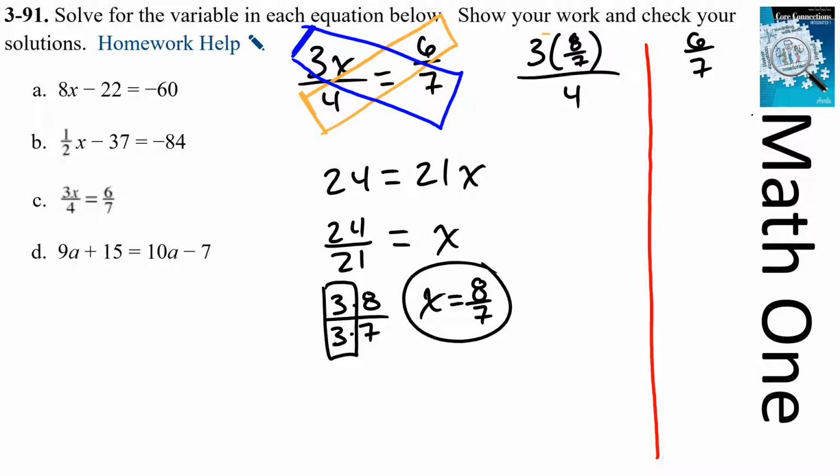So on the left-hand side, I'm going to change this just a bit. I'm going to write this as 3/1 times 8/7. 3 times 8 is the number 24, and 1 times 7 is 7. So I have 24/7 divided by 4.